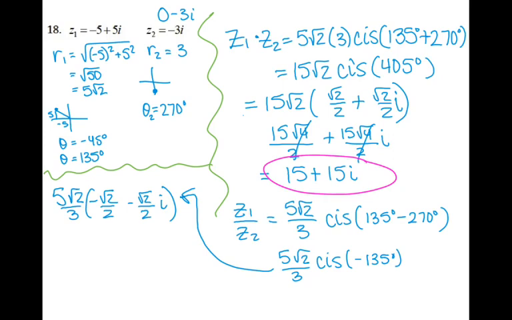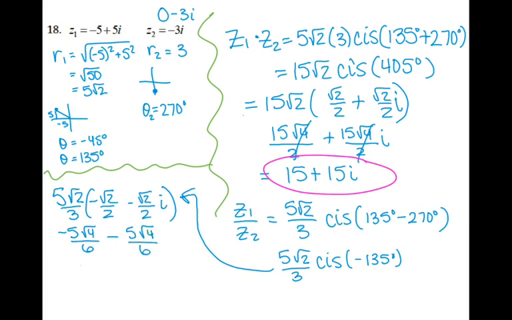So that gives me, let's see, negative 5 root 4 over 6. I'm going to run out of space. So negative 5 root 4 over 6 minus 5 root 4 over 6.